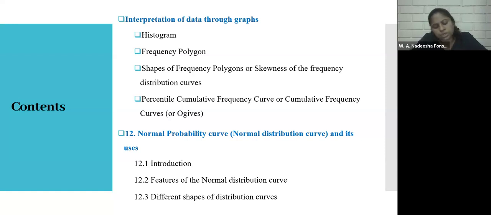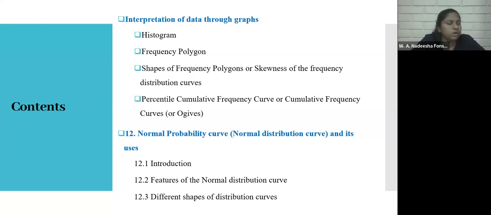No need to go for calculations with the normal probability curve because it's going under the educational statistics part. It is another particular subject area. So at this level, just the basic knowledge on that is enough.